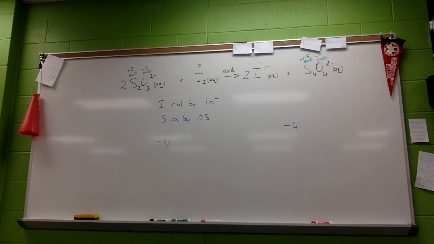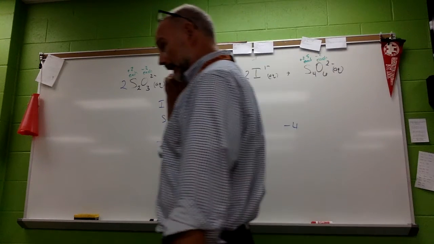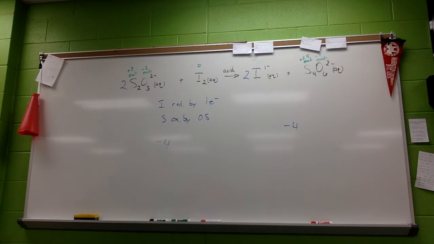In fact, there's a little challenge problem I'm going to give you guys. What's today? Tuesday? Probably Thursday. We're talking coefficients in the double and triple digits. Like I said, the only way to do that is with the half reaction method, but we'll learn here in about 5 minutes.